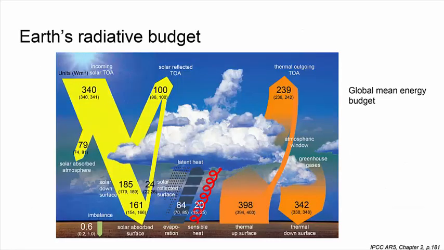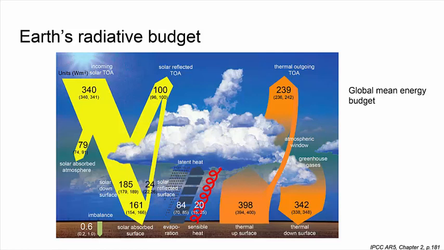Alright. So we can think about this in terms of the energy budget of the atmosphere. This is more complicated than that simple one we had before, but I'll walk you through it. This value at the top is the incoming solar radiation.